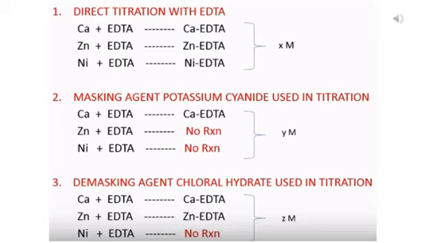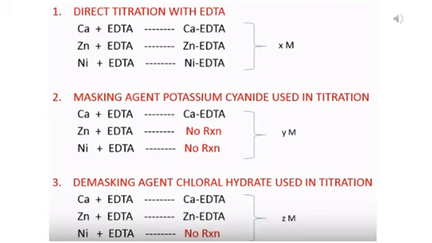Next is the demasking agent, whose example we already discussed: chloral hydrate is used as a good demasking agent. For example, here calcium, zinc and nickel, there are three metal ions present, and we want that the other two, calcium and zinc, can react with the EDTA, but nickel should not react with EDTA.